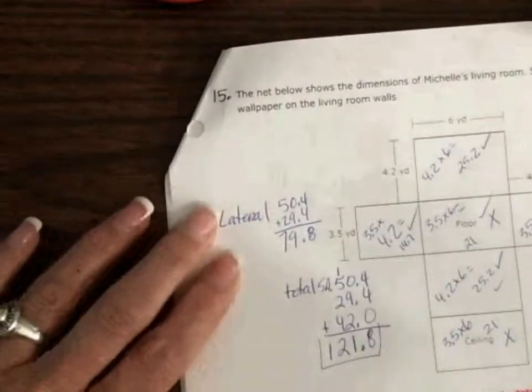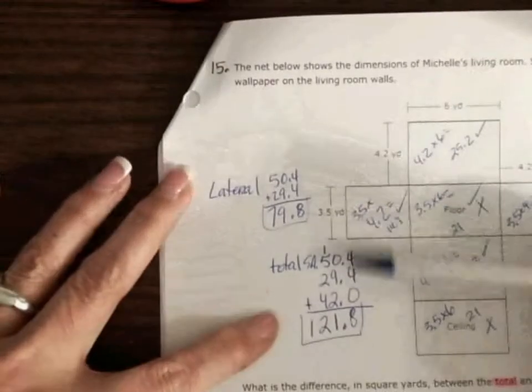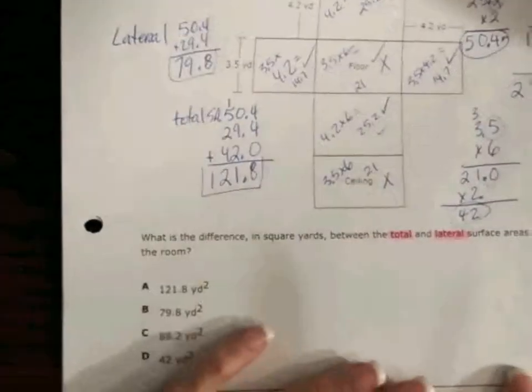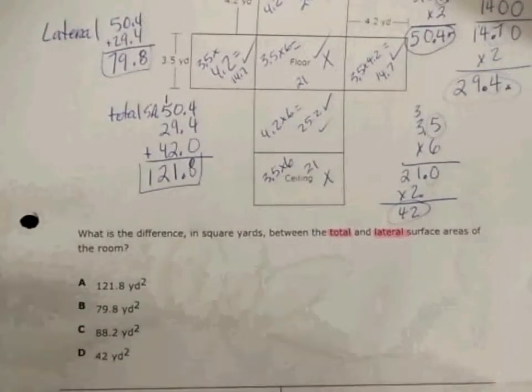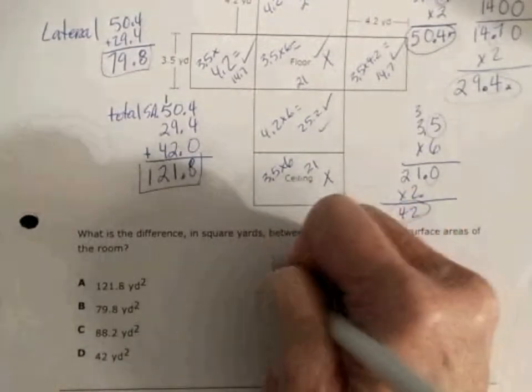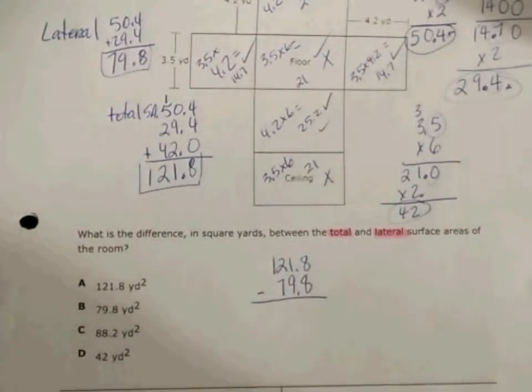So I need to subtract the lateral from the total. Going to come down here. Hopefully you can see all the math. My total minus my lateral. Line up my decimals. So decimal there.